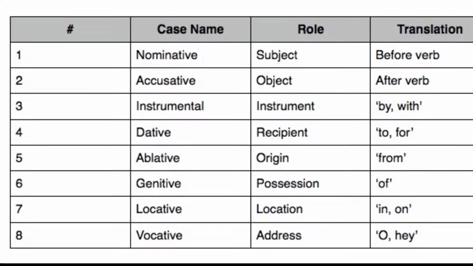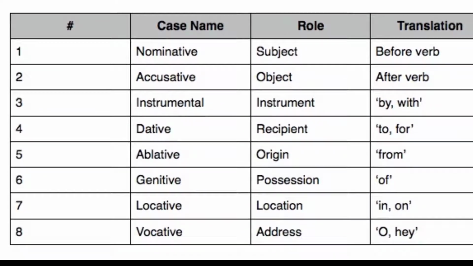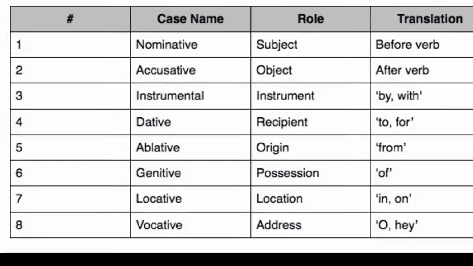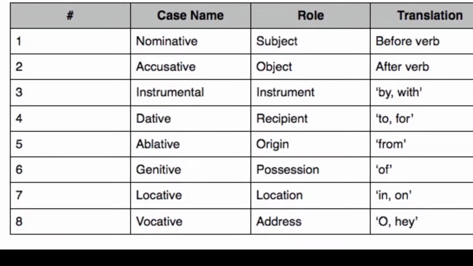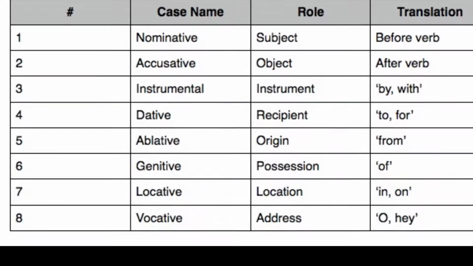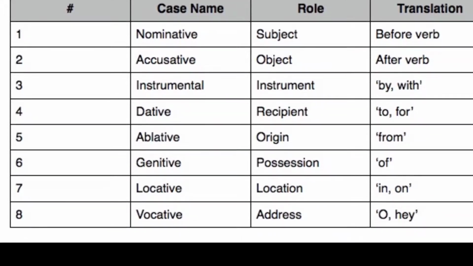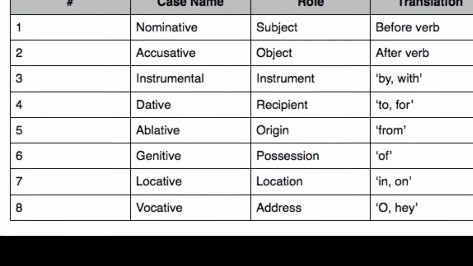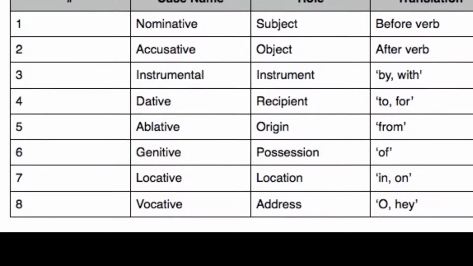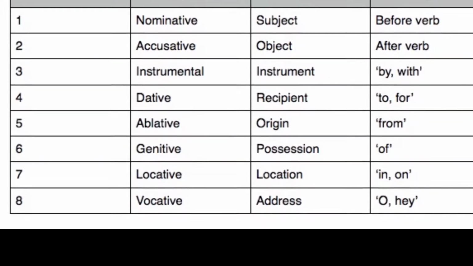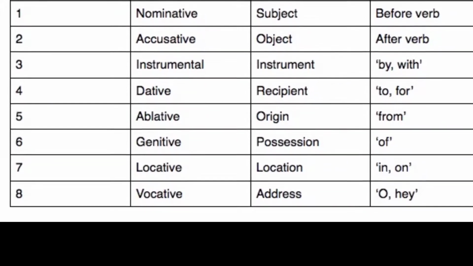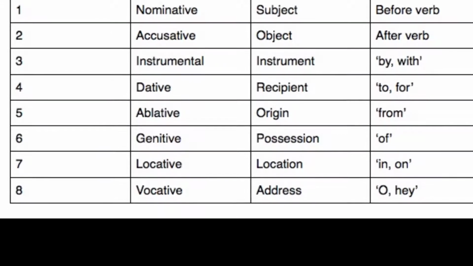Then the cases, there are 8 of them, and they're very important. Nominative case, like Ramaha, Sita, or Muni. The first case is used to form a subject, like Ramaha Ravanam Hanti. So Rama is the subject, Ravanam is in the second case as accusative.